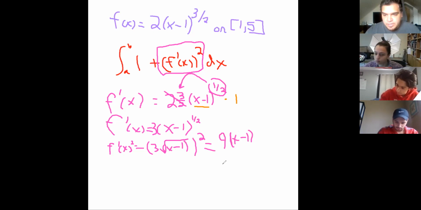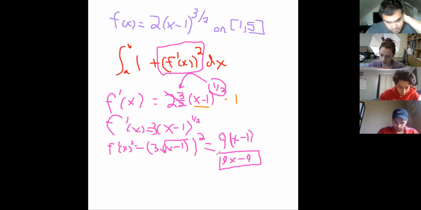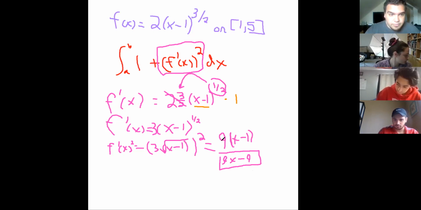Then I can distribute the 9, so 9x minus 9. So this right here, 9x minus 9, is f prime squared.